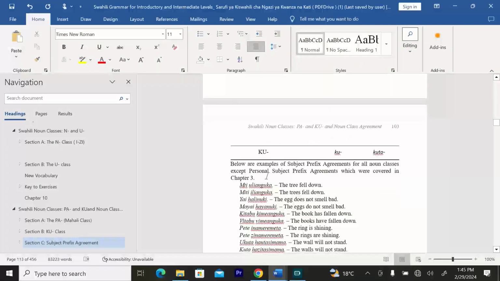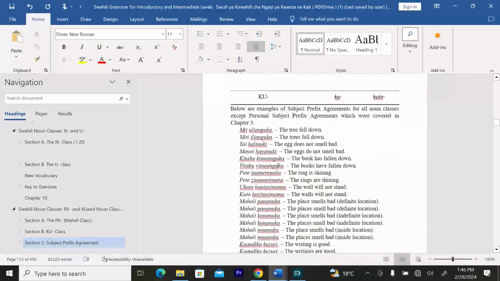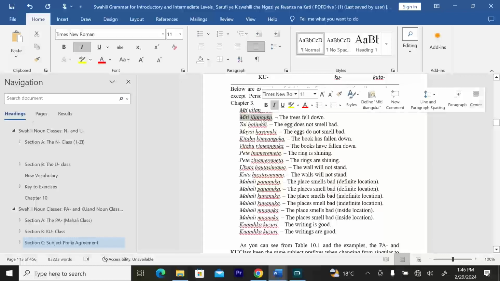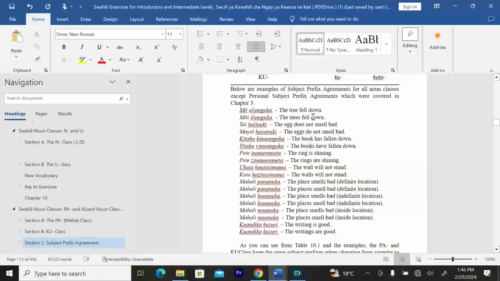Then let's look at the examples of that. Mti ulianguka means the tree fell down. In plural is miti ilianguka. The trees fell down.